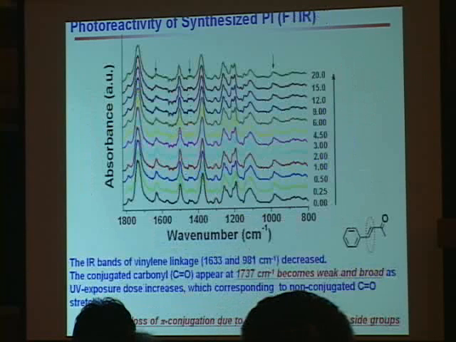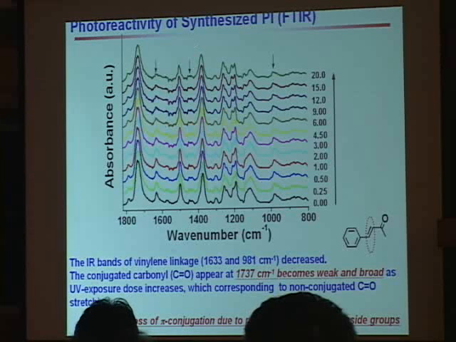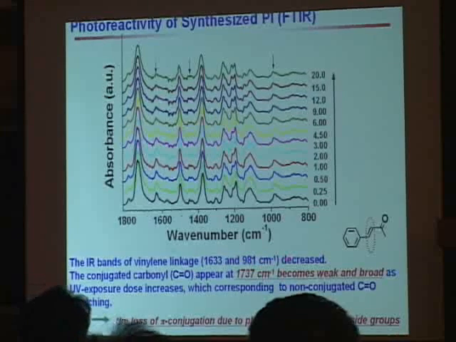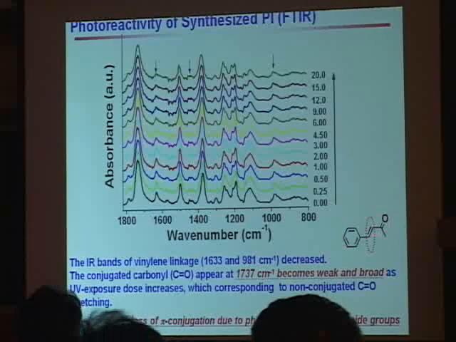And also we measured the FTIR after irradiation with unpolarized UV light. As shown here, some peaks are changed like this. The characteristic peaks are 1633 and 981 cm-1. It means these two peaks come from the double bond of the cinnamoyl moiety.